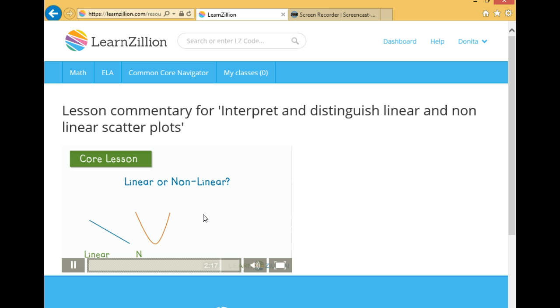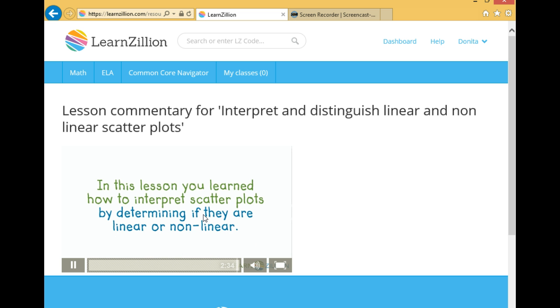If it forms a curve, it's nonlinear. As simple as that. And this is just helping the kids to move to the next level, just understanding the difference and being able to differentiate between linear and non-linear when interpreting scatter plots.